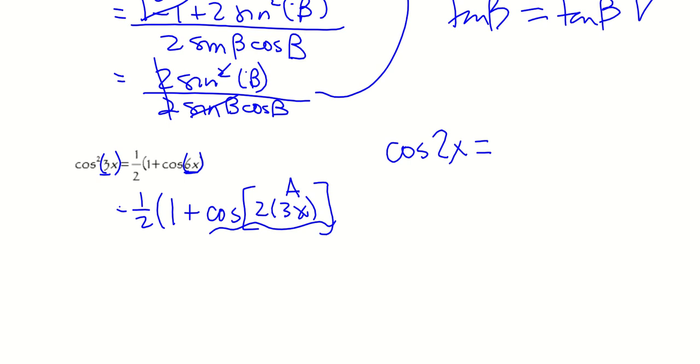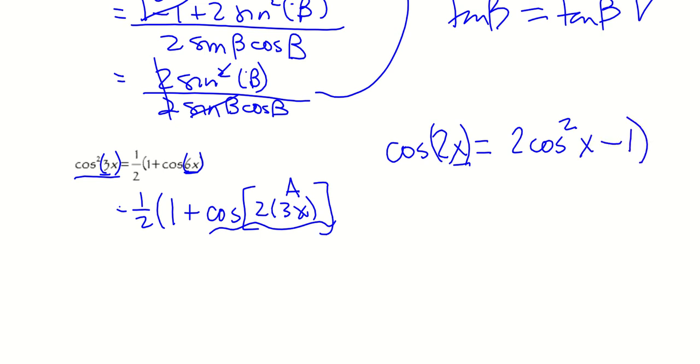We've got 3 identities for the cosine of 2 times an angle, but I'm looking to end up with a cosine squared. So the cosine of 2 times an angle is the same thing as 2 times the cosine squared of the single version of that angle, minus 1.